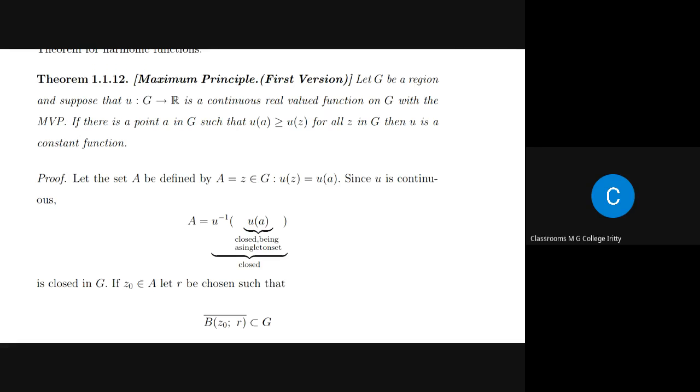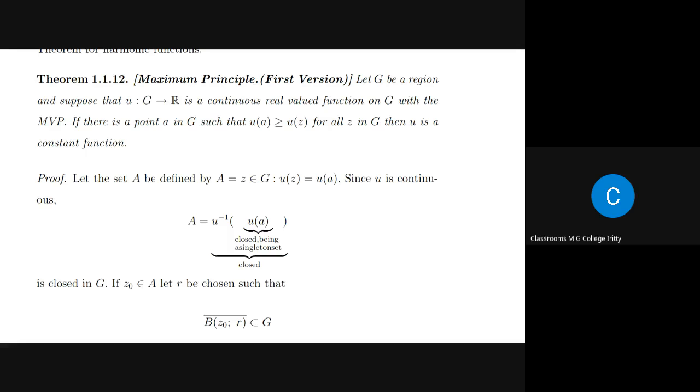So we have a region G, and u is a continuous real valued function defined on G, and u has the mean value property. Let us take a point a belonging to G such that u of a is greater than or equal to u of z for all z belonging to G.